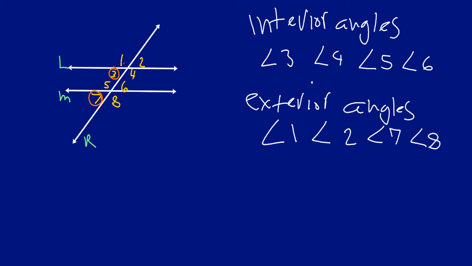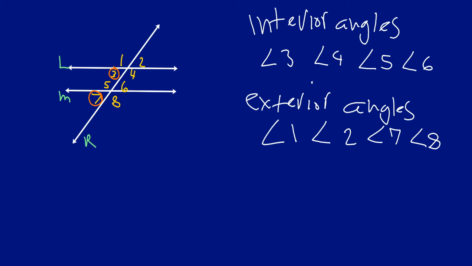Angle 3 is below line L and to the left of line R. And angle 7 is below line M and also to the left of line R. So they're in the same relative position.